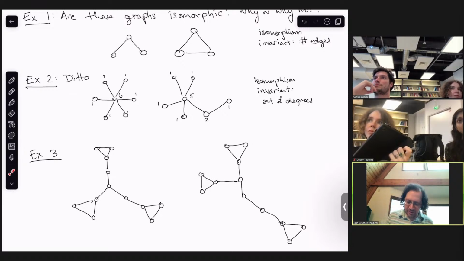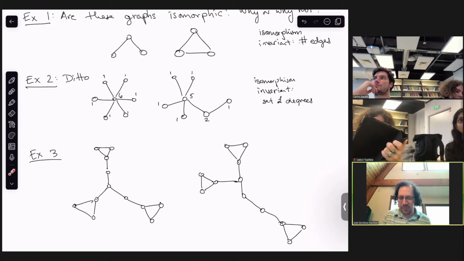Even if you count the number of subgraphs that look like a triangle with an edge off of it, those are actually the same in both of these graphs. And if you look at paths, I think in these graphs, paths of almost any length have the same count.